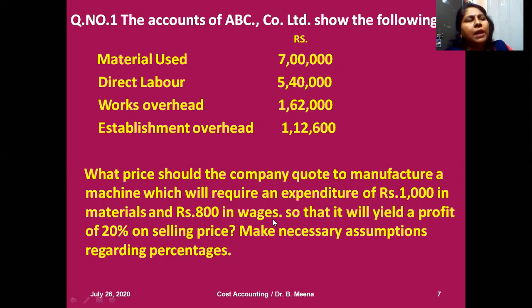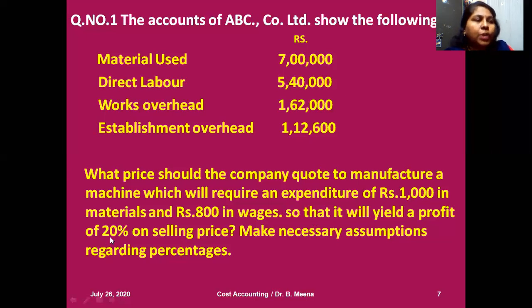Look at the paragraph once again. So materials was given as 1,000 and 800 as wages. Look at the question: so that it will yield a profit of 20% on selling price. We need to consider this point to finalize which formula to be substituted here to find out the profit, as I said in the beginning.